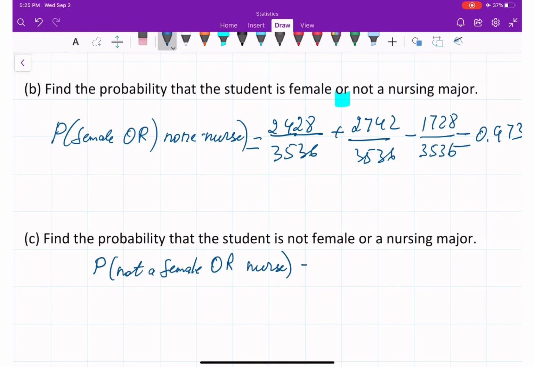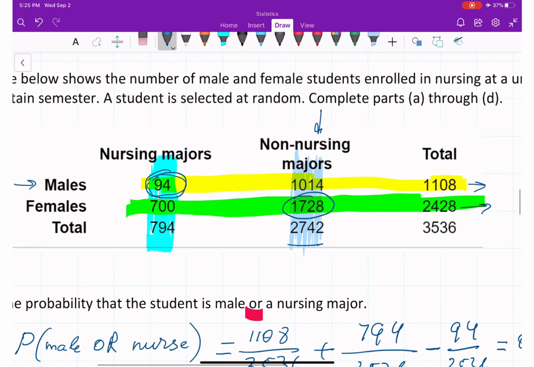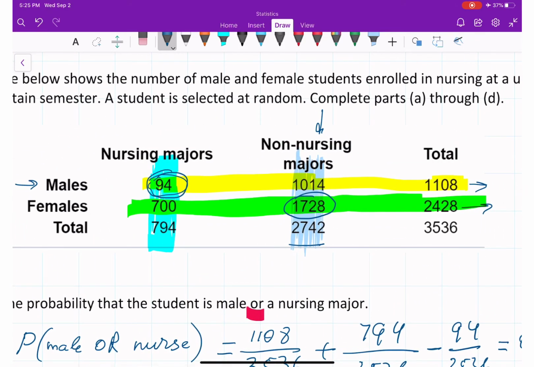This is going to be equal 1108. Where from I got 1108? We have total female and male. If it's not female, that means it's male, right? And total of male is 1108. Here.